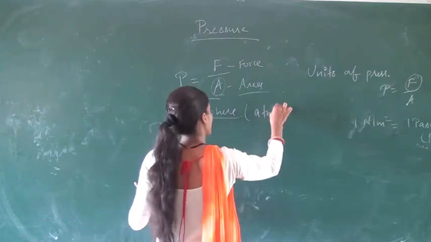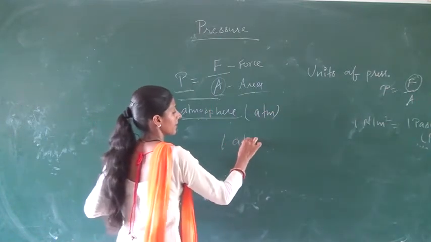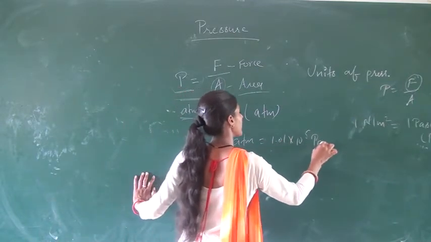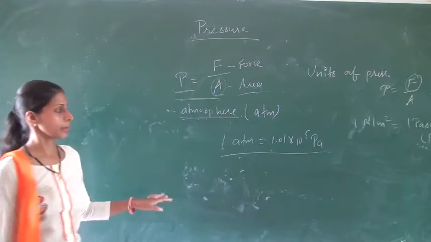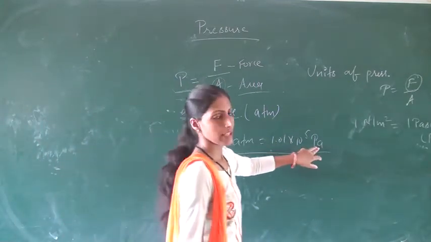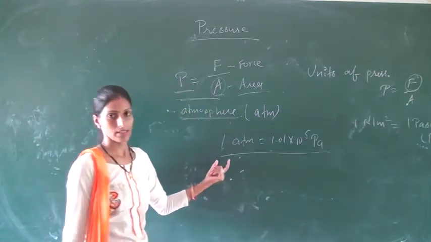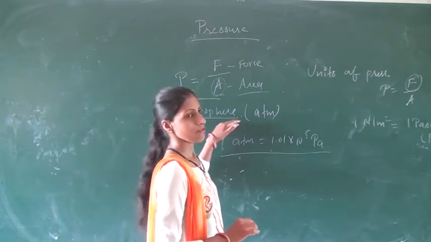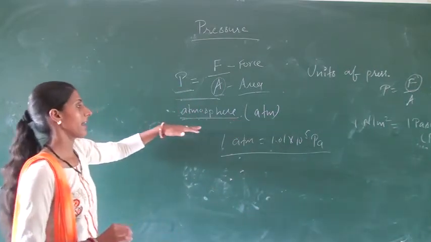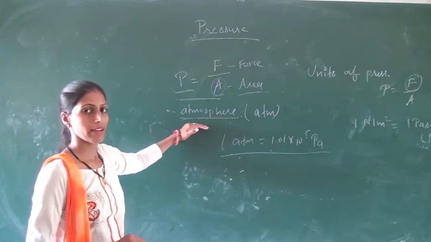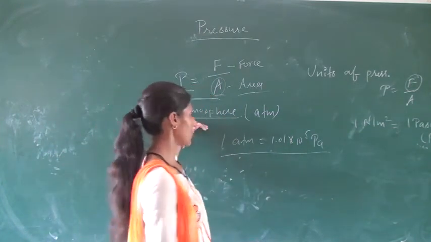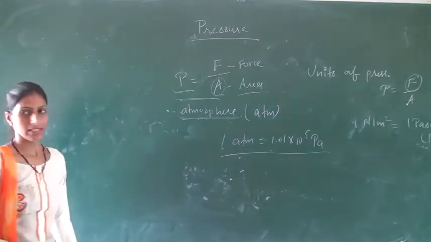It is generally denoted by ATM. 1 ATM is equal to 1.01 into 10 raised to power 5 Pascal. This is the relation between 1 ATM and the SI unit of the pressure, which is Pascal. Okay. 1 atmospheric pressure is the pressure exerted by the air present in our atmosphere. The pressure exerted by the air is known as the atmospheric pressure.